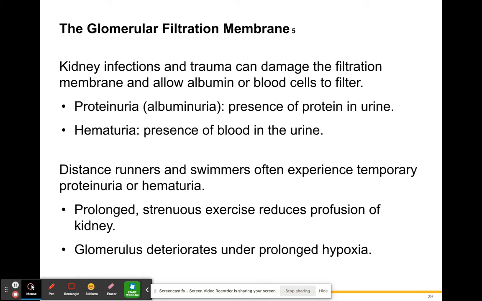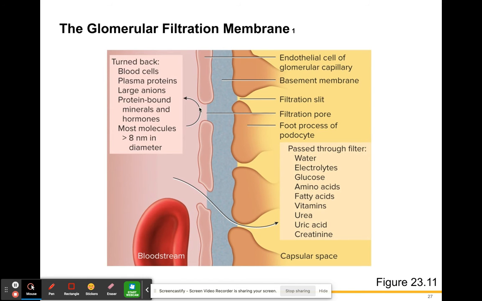Kidney infections and trauma can damage this filtration membrane and allow proteins like albumin or blood cells to filter through, right? So if we go back, some types of kidney diseases can make this pore bigger. And if this pore gets bigger, bigger things can then fit through. Some things that can get through are proteins that we normally wouldn't pass through, or blood cells.